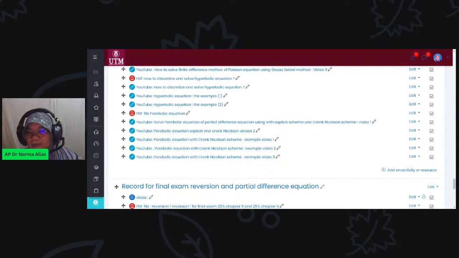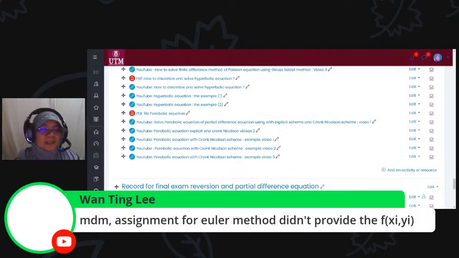I'm waiting for you at the chat. Oh, there is a question, Madam: the assignment for the Euler method didn't provide f(x, y). Yes, in the assignment I put the image to find the Euler method. I sent you the image.